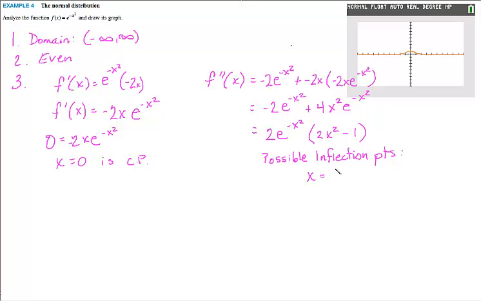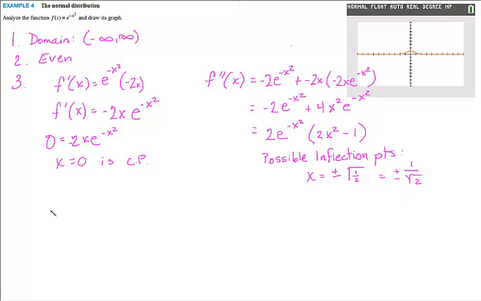X equals plus or minus the square root of 1/2, and this can be written as plus or minus 1 over the square root of 2. Could also be written as square root of 2 over 2, but whatever. Those are my possible inflection points.